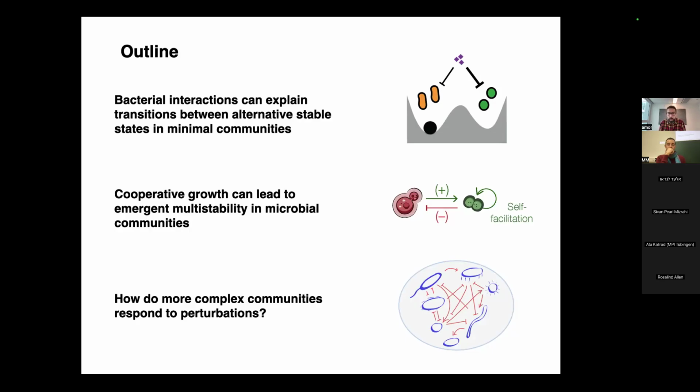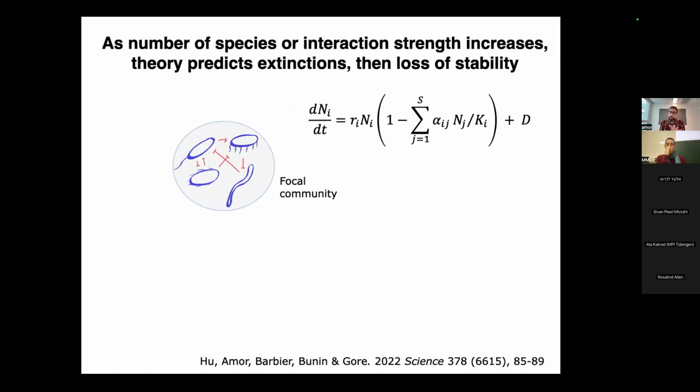And very briefly, just mentioning that in a different work, we had also characterized the expected dynamics based on a statistical approach to microbial communities under competition, in which we have this Lotka-Volterra model, and we are interested in the competition in a focal community. So we have, as before, the growth and the interactions, but now for many species.